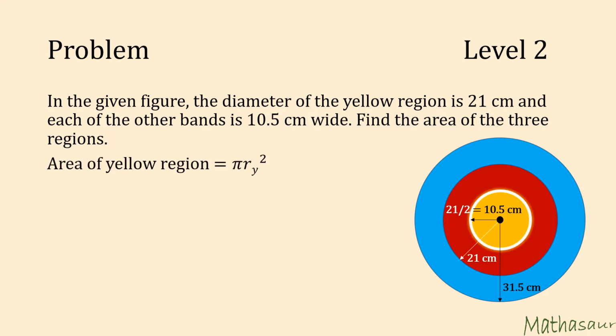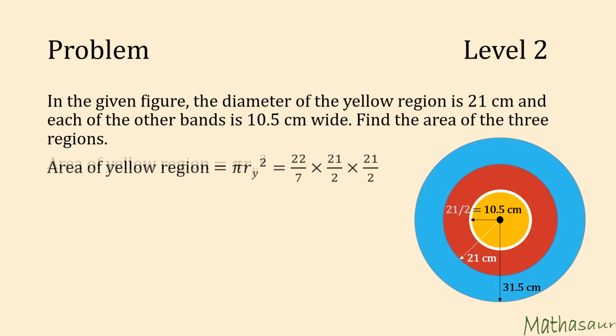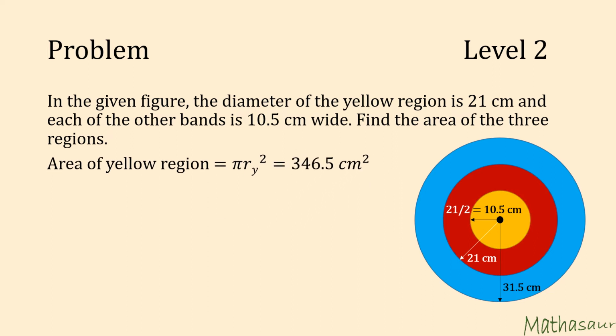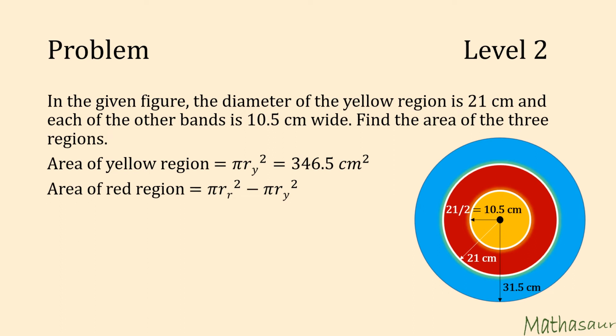So let us start with area of the yellow region. It would be pi r square. Now the radius here would be ry or radius of the yellow circle. Let us substitute the values and simplify. We see that it is 346.5 centimeters square. Now let us look at the area of the red region. It would be equal to area of the red circular region minus area of the yellow circular region.